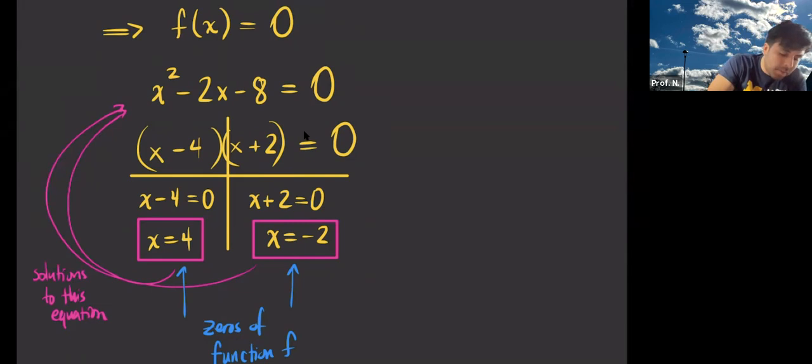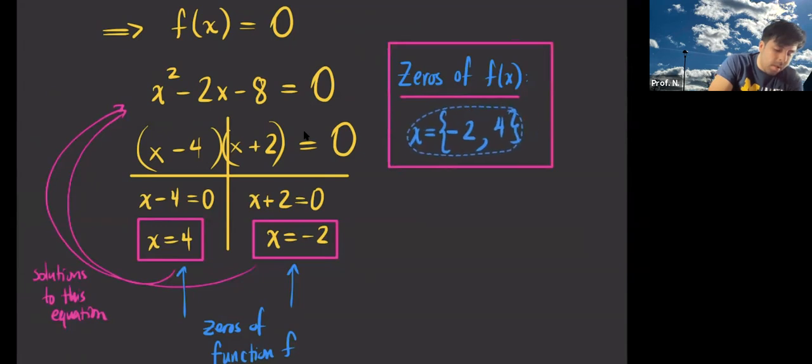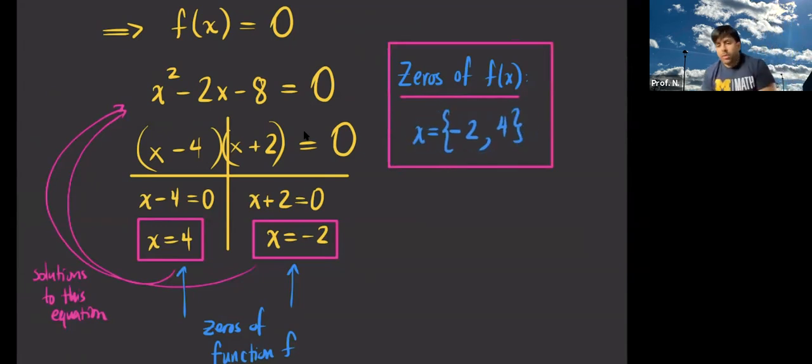So again, I'm looking for the zeros, right? So what are the zeros of f of x? Well, x is going to be equal to -2 and 4. So those are my zeros.